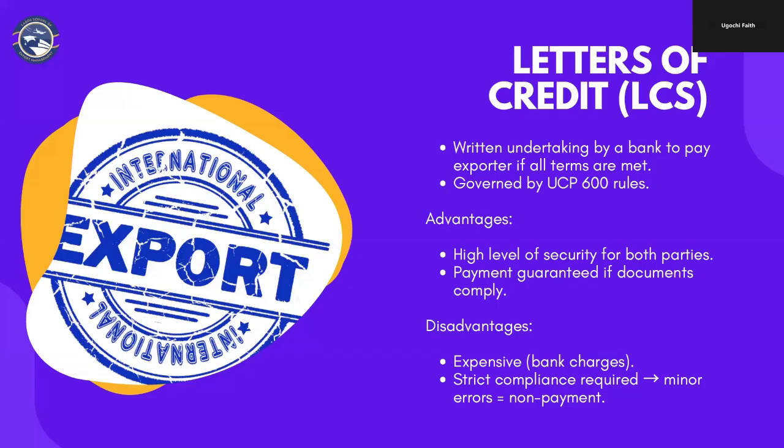So you're able to get a contract where the buyer issues a letter of credit of, let's say, $1 million for your business. It means that in the buyer's account, the buyer has $1 million for that export contract that has been fixed.